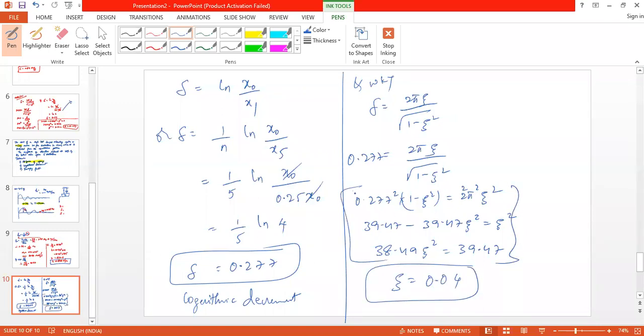I think I made a mistake in doing this calculation, but the value of zeta is 0.04.